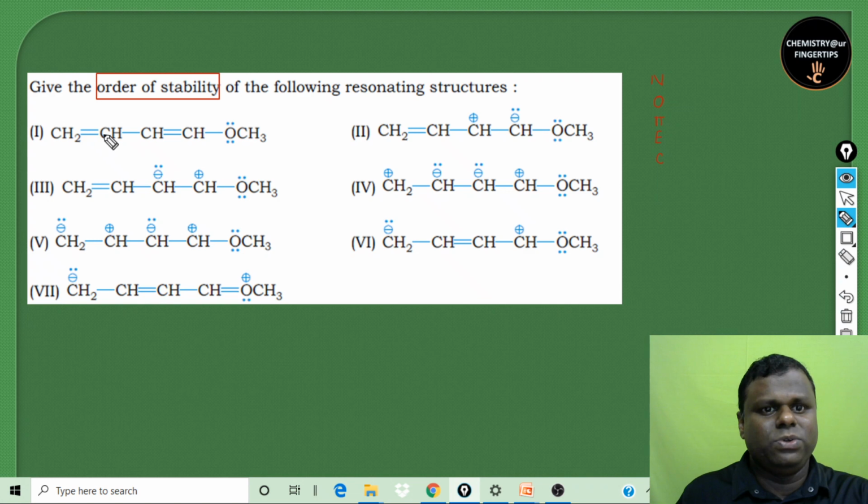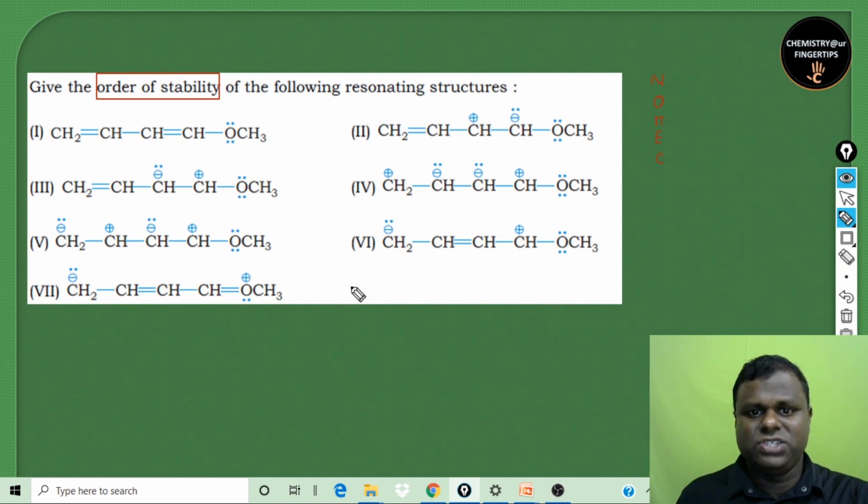So let's see. If you could see here, this is charge, this is your positive and negative, then you have, again, basically if you could see here, every structure some way or the other becomes neutral. But there is no charge in this particular structure at all, right? So definitely the first place is going to be for compound number 1.